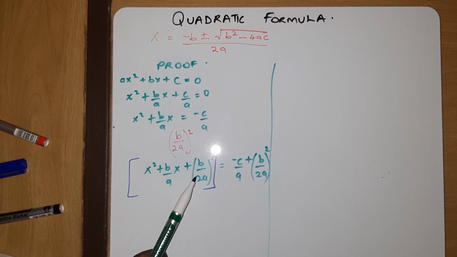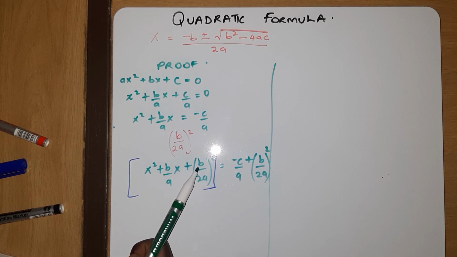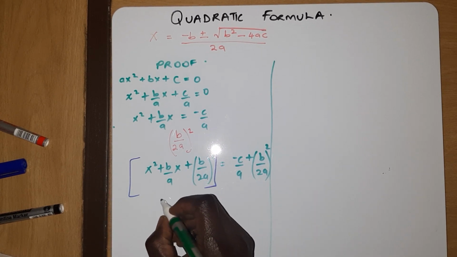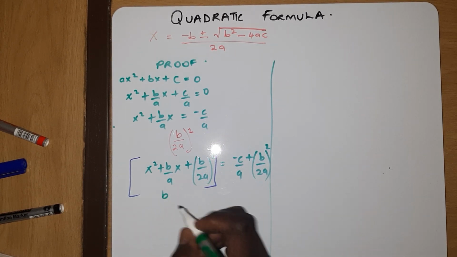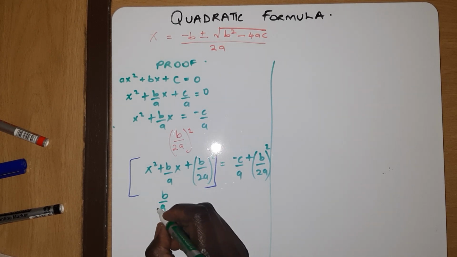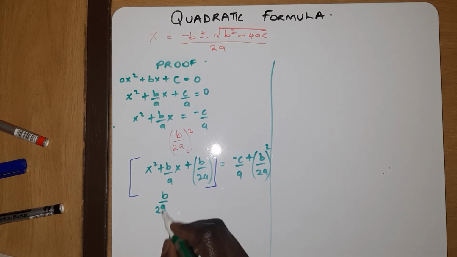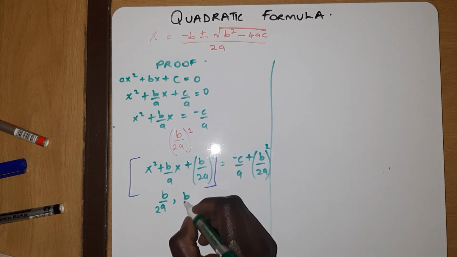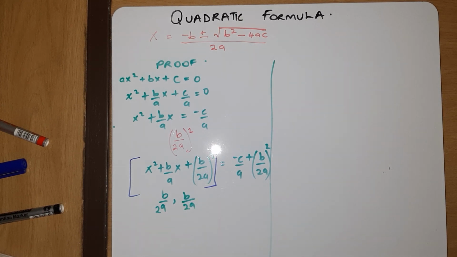What two values? I think we have b over 2a, that's a half of b over a, and a half of b over a, which is also b over 2a.